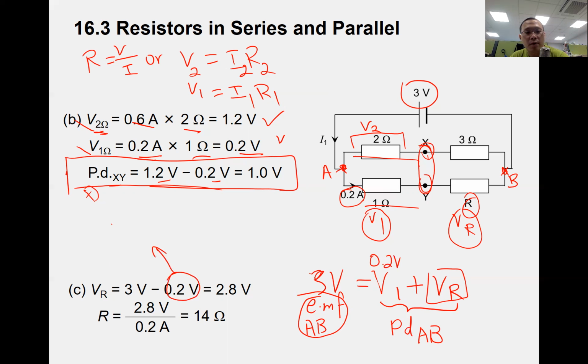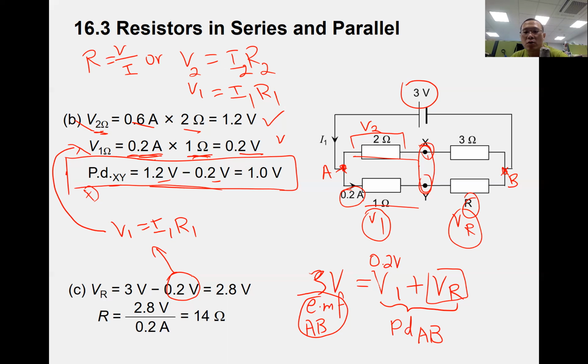Simple. V1 is I1 times R1, which is here. I1 is 0.2, R1 is 1 ohm. I get my answer to be 0.2 volts.